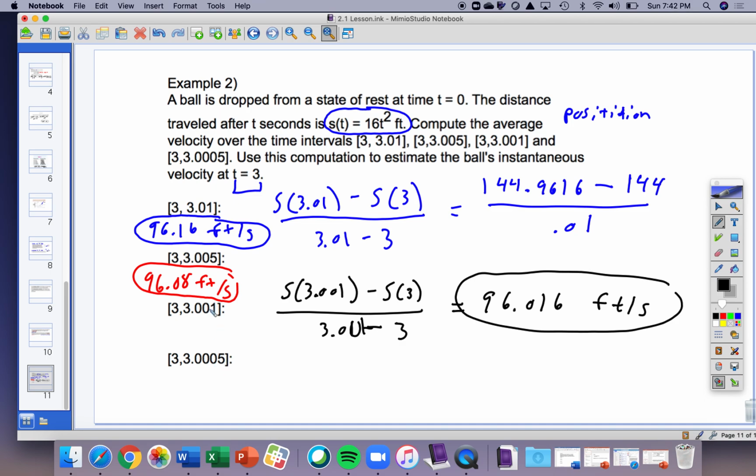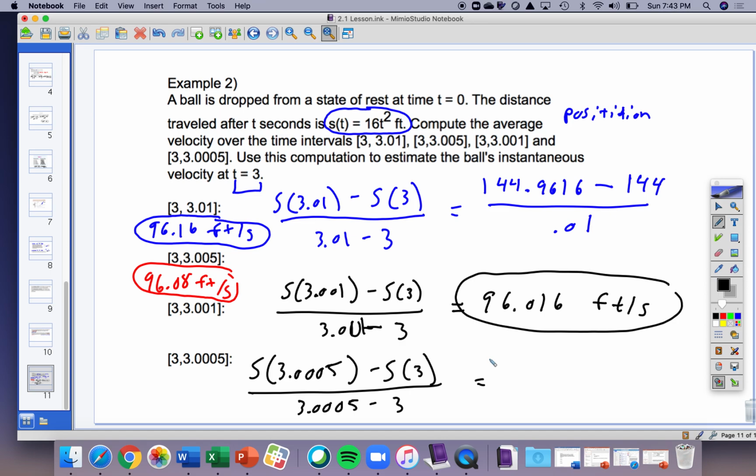Okay, so now this is 1/1000th difference. This is 5/10,000ths difference. So it's 3 to 3.0005 seconds. So very close time intervals, but not 0, which is the important part. We're not dividing by 0. The difference between these two times is not 0. So it's going to be s of 3.0005 minus s of 3 over 3.0005 minus 3.